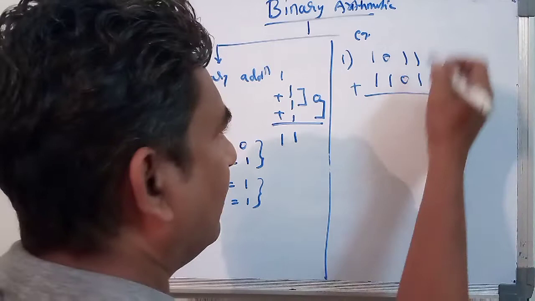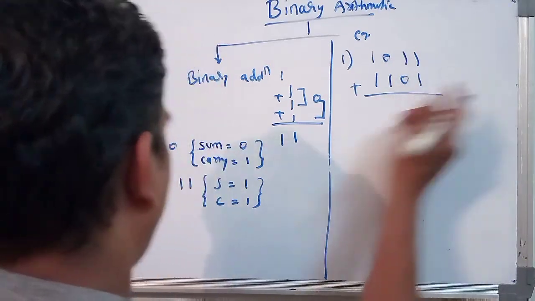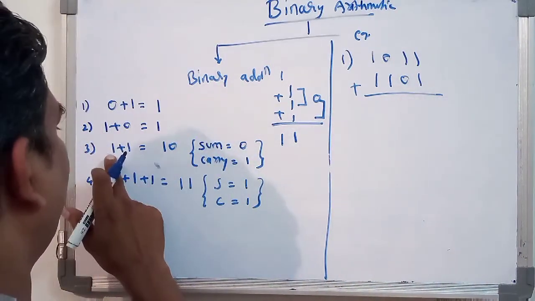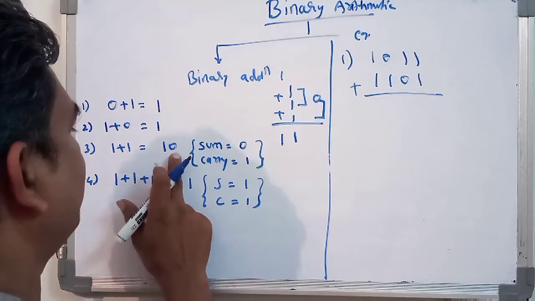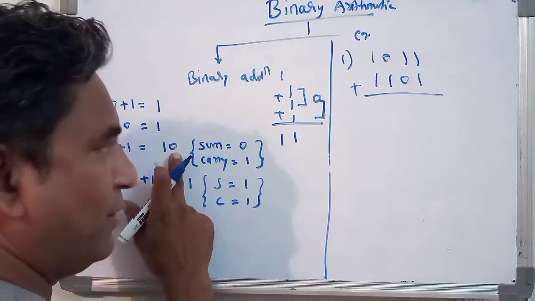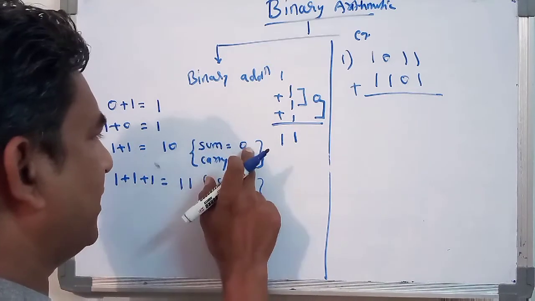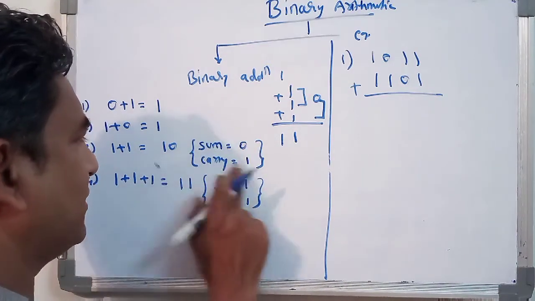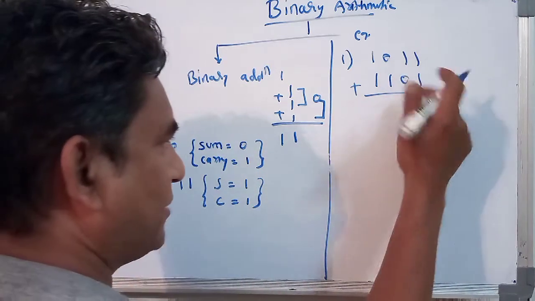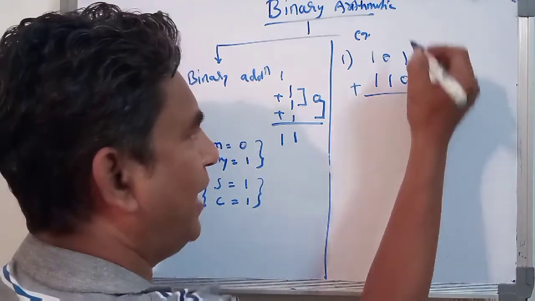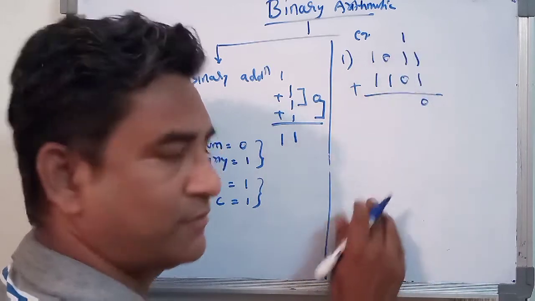So 1 plus 1, according to the rule, what will you be getting? 1 plus 1, you will be getting 1 and 0. This 0 is considered as the sum and this 1 is considered as the carry. So 1 plus 1 is 0, and the 1 has to be carried like this.